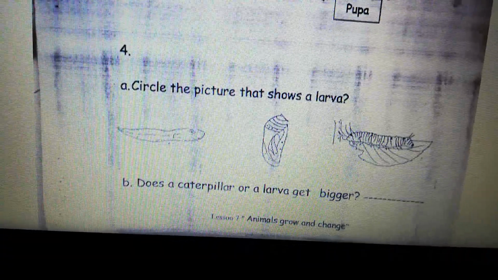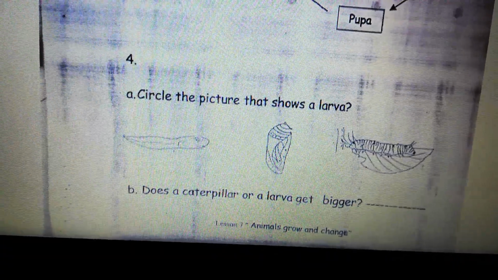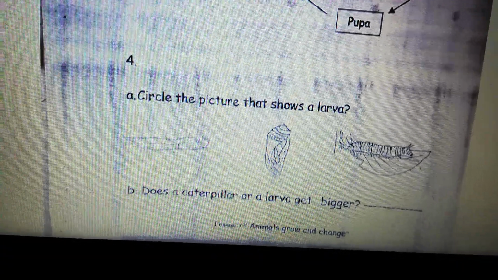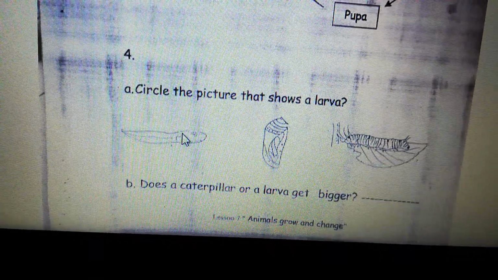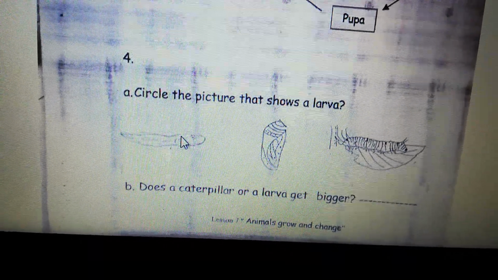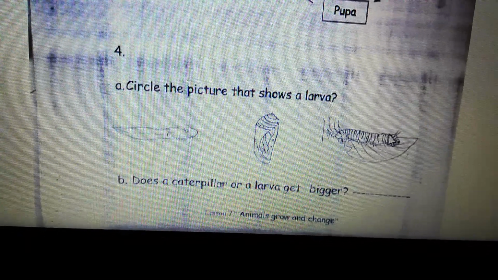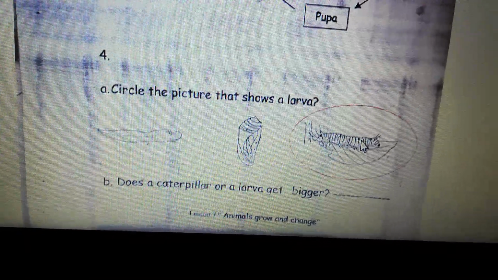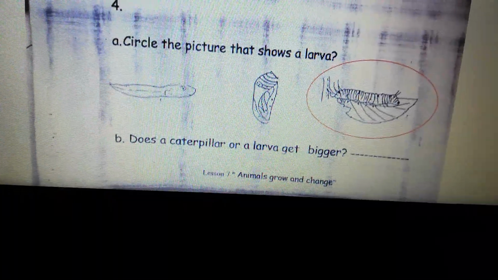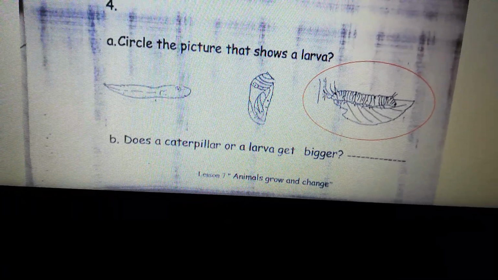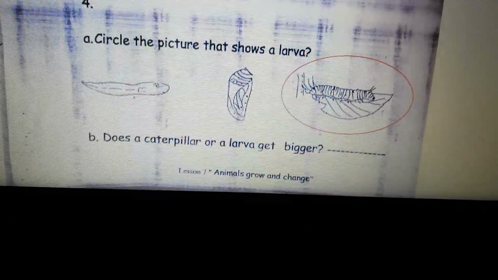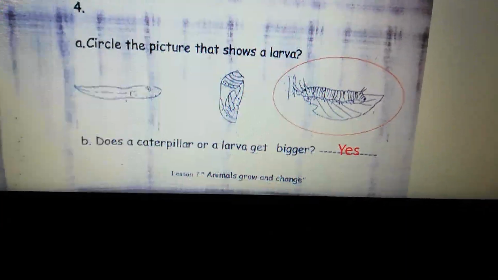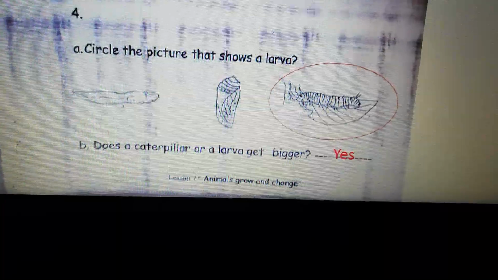Now, they are asking us to circle the picture that shows a larva. So if you remember, this is a tadpole. Before we explained it in the frog. And this is the pupa. So this is the caterpillar or larva. So you circle this one. Now the next question is, does a caterpillar or a larva get bigger? Yes, we already mentioned this before in stage 2.